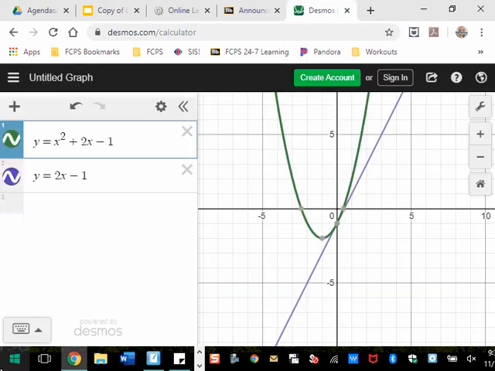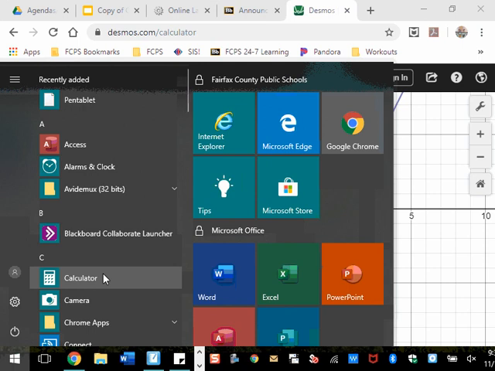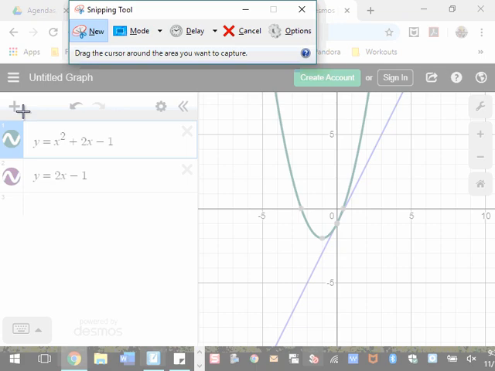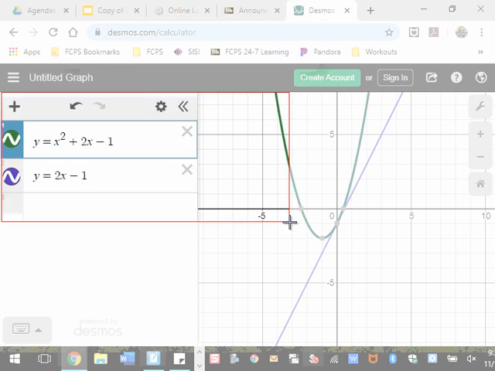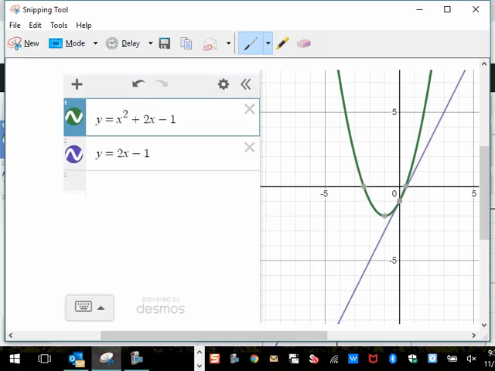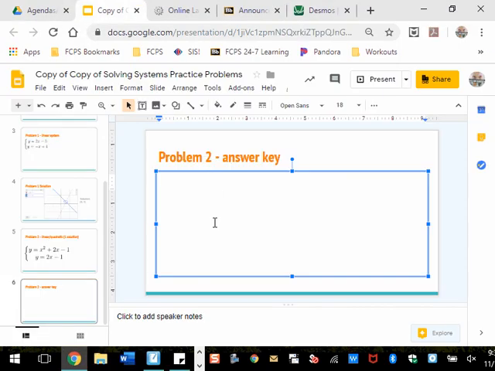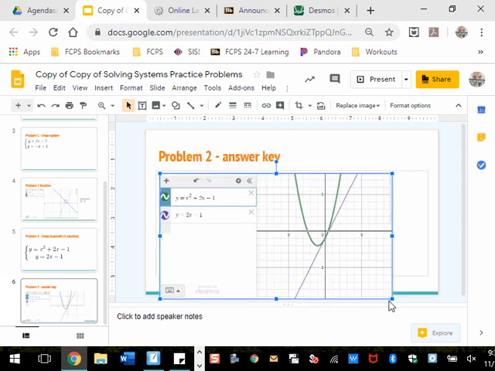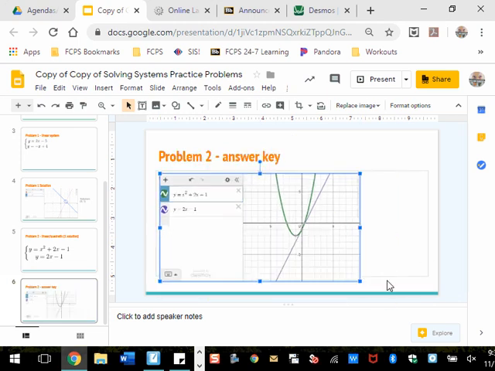So go back to Desmos and use whatever screenshot program you're going to use. And then you do the same thing, you copy and paste that in. Make it a little bit smaller.